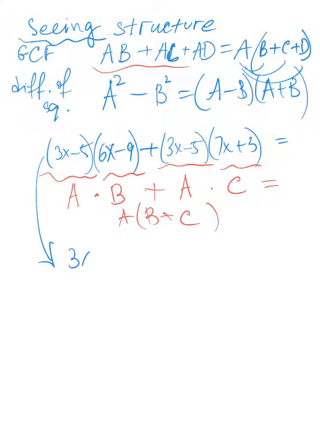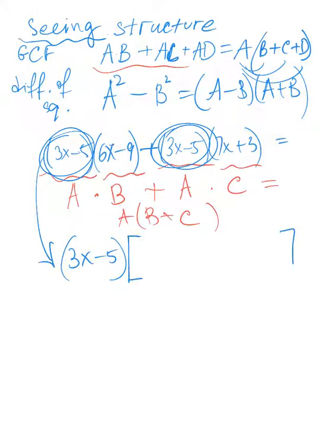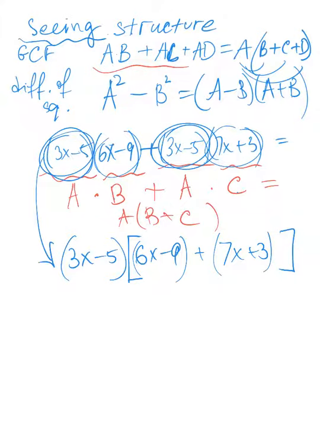So 3x minus 5 is your A. It's one common thing we can pull out from both terms. I prefer to write brackets here, because this is parentheses, this is parentheses, and this is your B and C that you're going to combine. So it's (6x minus 9), you can keep it in parentheses, plus (7x plus 3). It doesn't really matter now, but in the next example, I'm going to give you a minus here, and then this parenthesis will really matter.